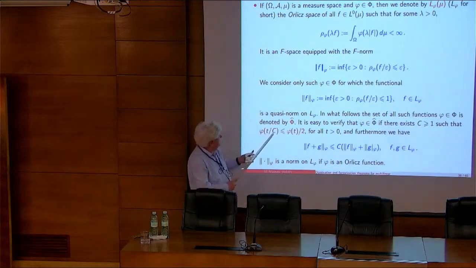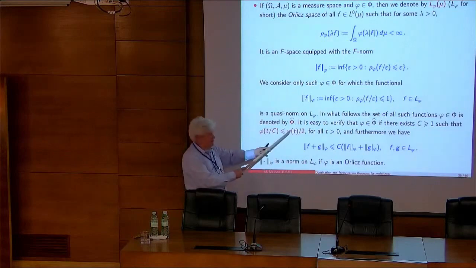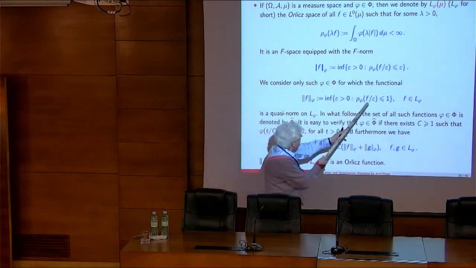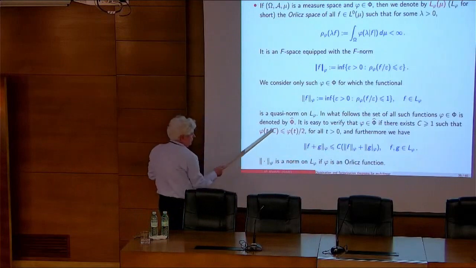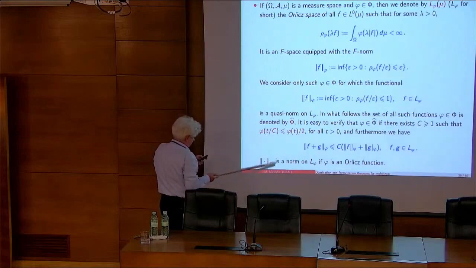Because this is for any measure space where the measure is not atomic, this is in fact equivalent to this condition. Then this gives a quasi-Banach lattice, and the constant in the triangle inequality will be exactly this constant for this function.